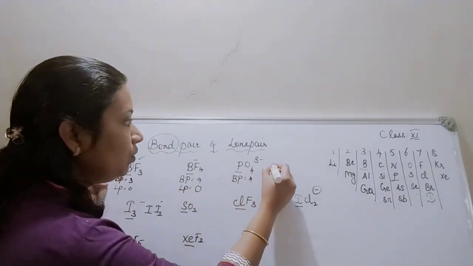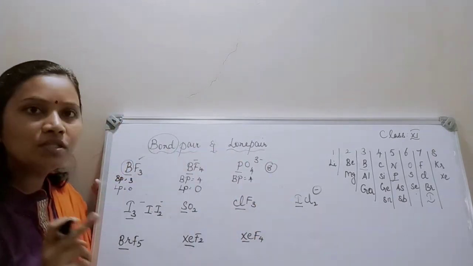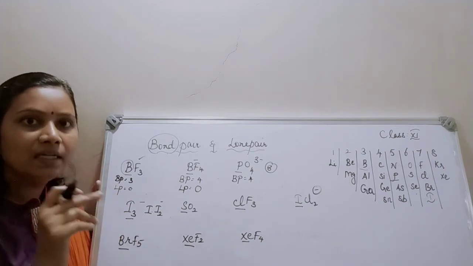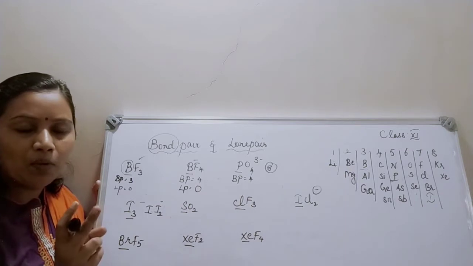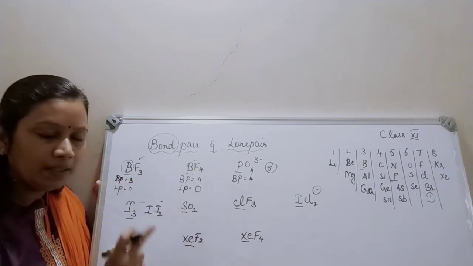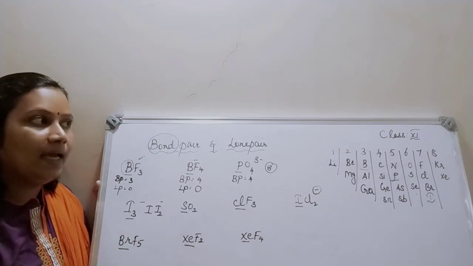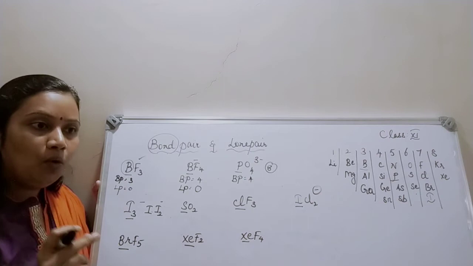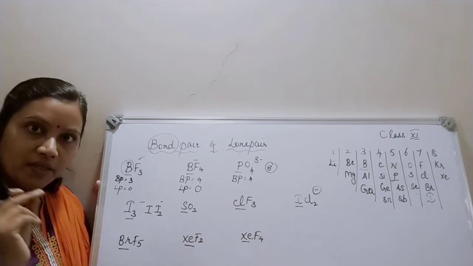But you know about oxygen, oxygen always forms a double bond. That means 2 electron pairs are involved in oxygen, or otherwise I can say, as per our VSEPR theory, double bonds and triple bonds, the multiple bonds, are treated as a single pair.